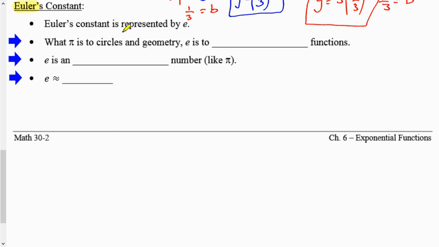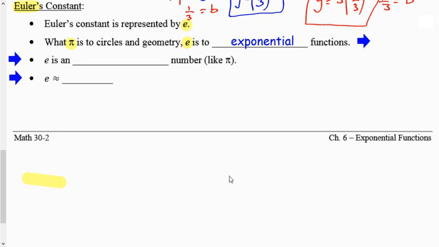So Euler's constant is represented by an E, kind of like the number pi is represented with the Greek letter pi. Similar idea. Pi is to circles in geometry, E is to exponential functions.